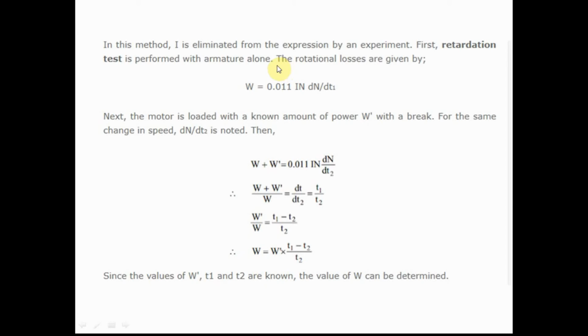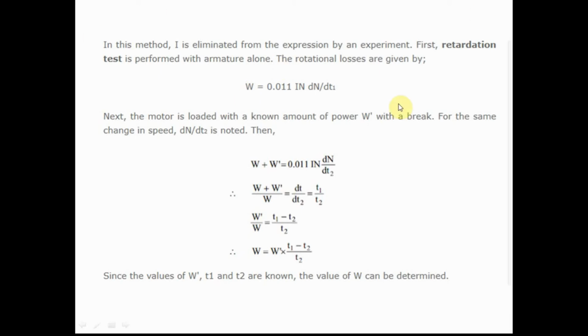Clear? The next part is that the same test is conducted again. Now we will not simply cut off the supply, but we will make sure that whatever kinetic energy is present is being loaded. We make the motor run under loaded condition.